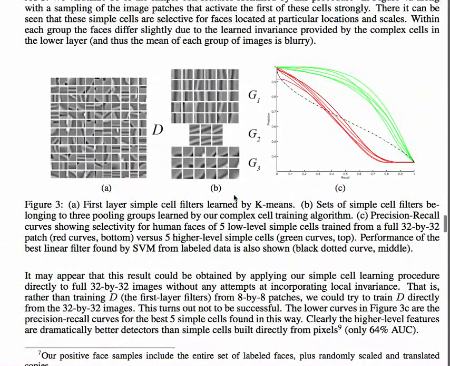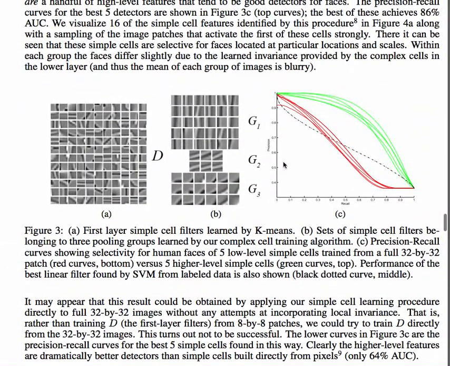They also compared it to other kinds of techniques, and they computed a precision recall of the output of this network, and they show that, for example, the best cells performed quite well, as opposed to simple cells that were trained on the full 32 by 32 patches.